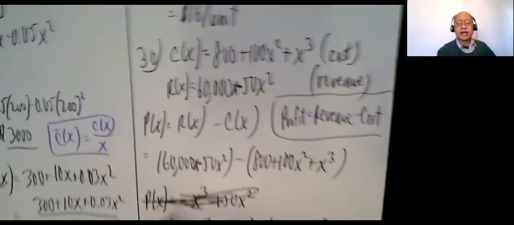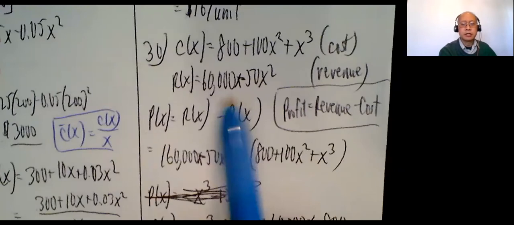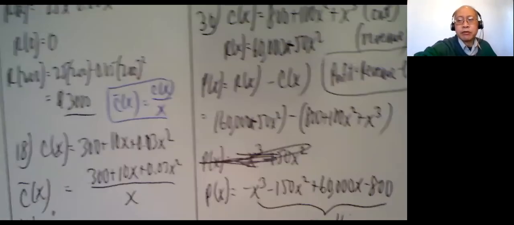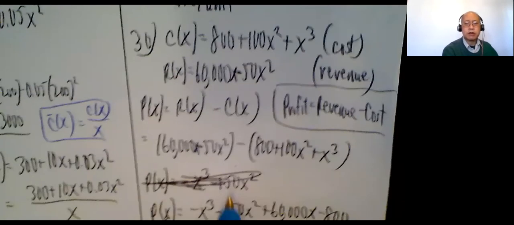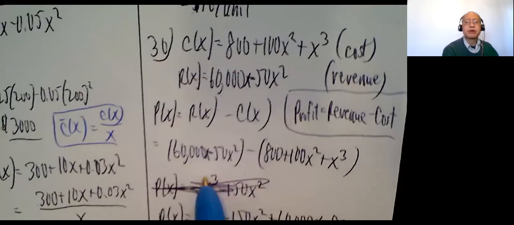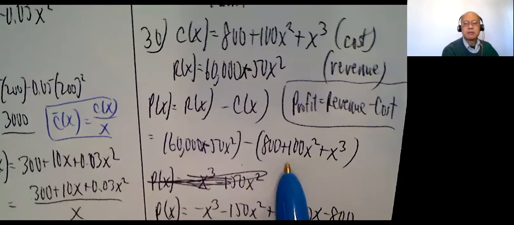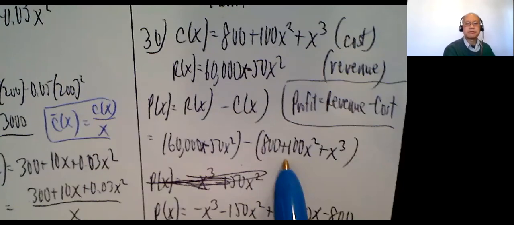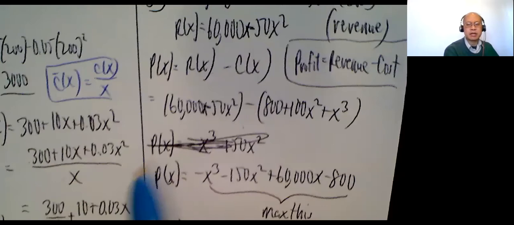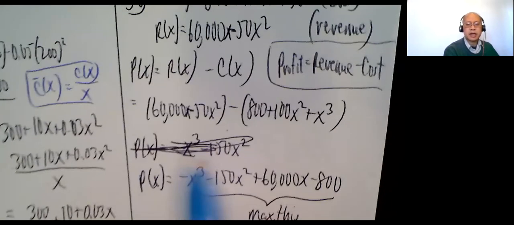Okay, so anyway, I take the revenue function, here it is, subtract, and this is one thing you have to watch out for. When you subtract, it has to be in parentheses. You're subtracting the whole thing. So here's the revenue function, 60,000 x minus 50 x squared, minus parentheses 800 plus 100 x squared plus x cubed. The first time I did it, I messed up, but I think I got it now.